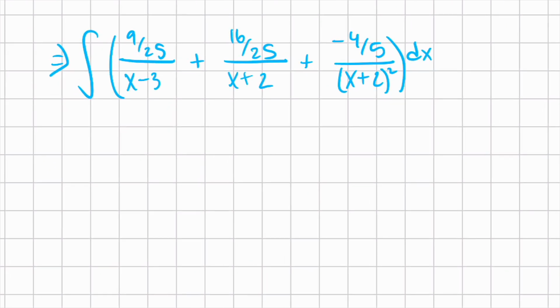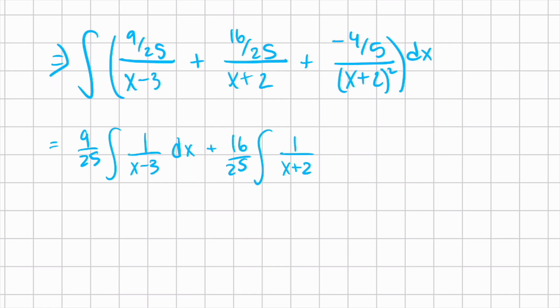Okay, so I'm going to split this up. I'm going to bring my constants out front. And for the last one, I know I'm not going to be using that natural log property, so I'm going to write it as x plus 2 to the negative 2 dx.